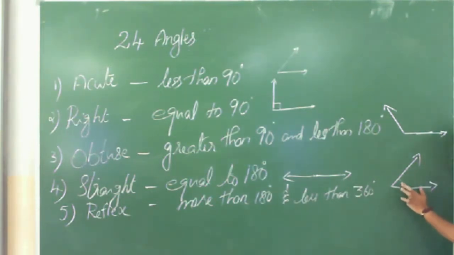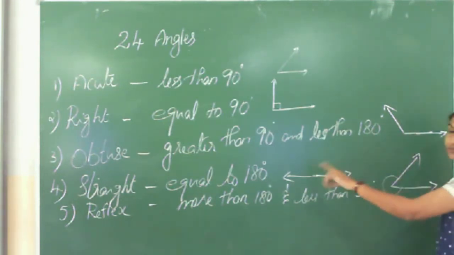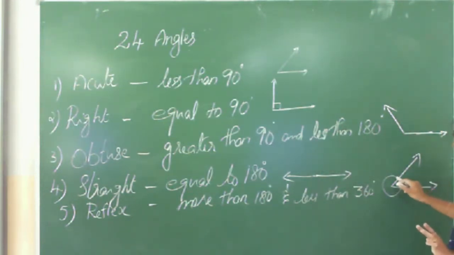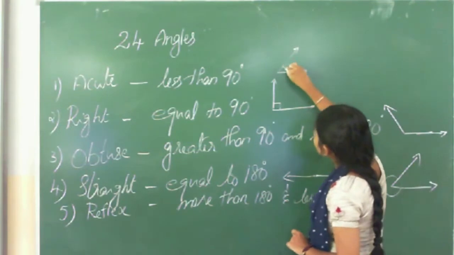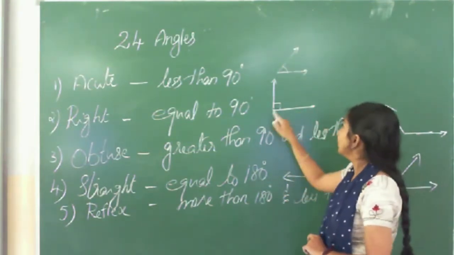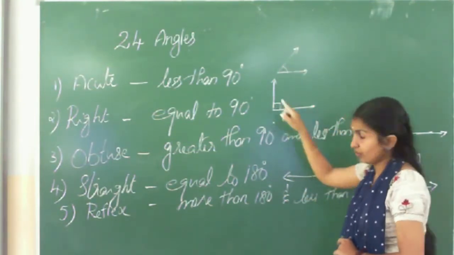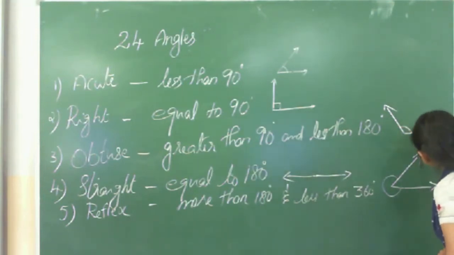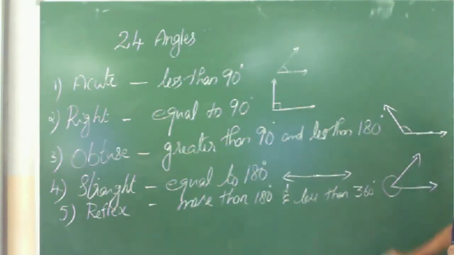But instead of this, if we are marking this outer side, then it will come as a reflex angle. Then only it will come more than 180 and less than 360. When we are marking here, it is acute. This one is right and this one is obtuse.